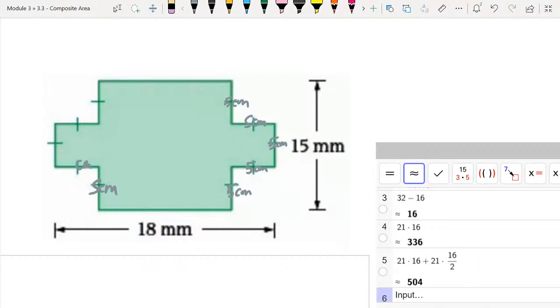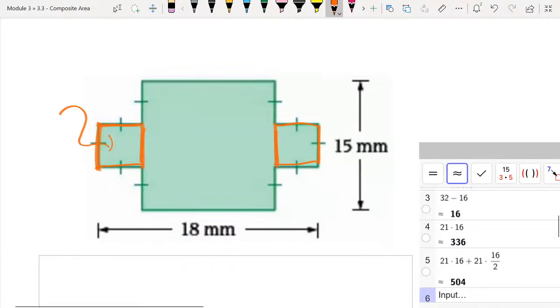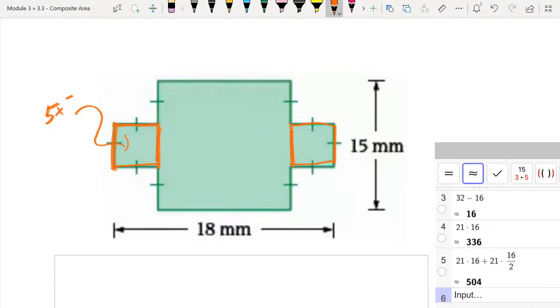Everywhere we see one of those lines, we know it's 5 centimeters. That means that for these two squares over here, finding their area is really easy. That's just a 5 by 5 square, and that's a 5 by 5 square. Easy, easy, easy. This one's a little bit trickier, but it's not so bad.